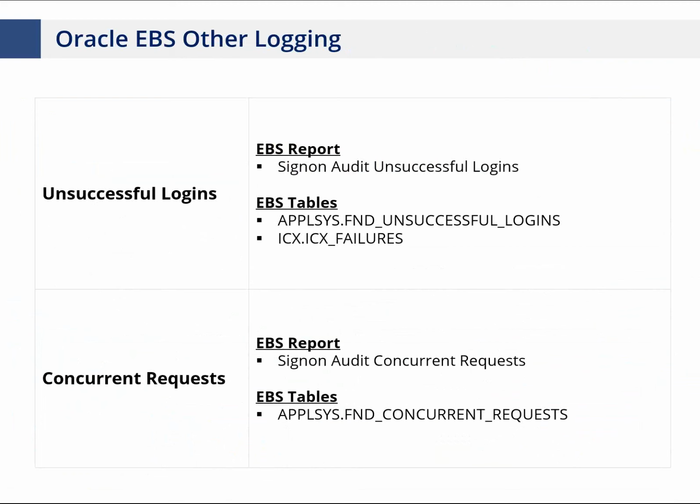They had never purged it, so they had about a gigabyte there. And then they were purging all the sign-on audit, unsuccessful logins, concurrent request data, and they were purging it every 7 days, even though it was generating about a megabyte a quarter. And they were like, oh, that's too much space. And then they just had this worthless workflow data that you should be purging. They weren't purging. It was a gigabyte.